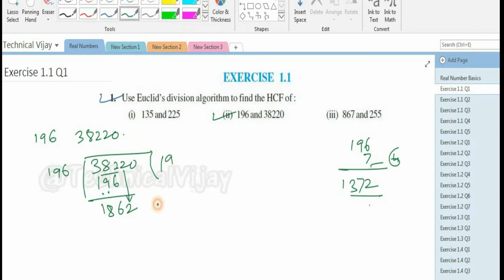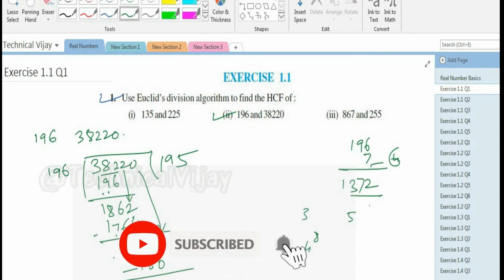So we write 9 directly here. Subtracting, we take 980. 980 means 196 into 5. So the remainder will become 0 now.